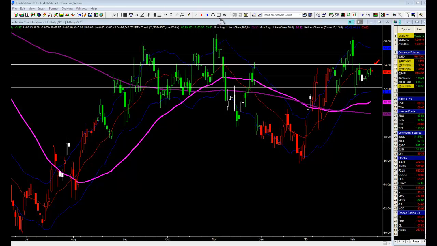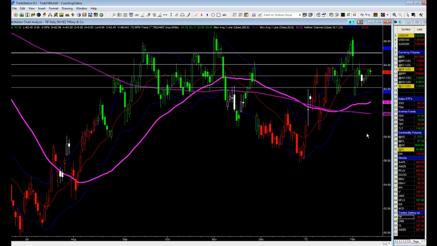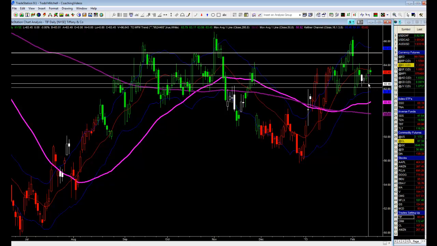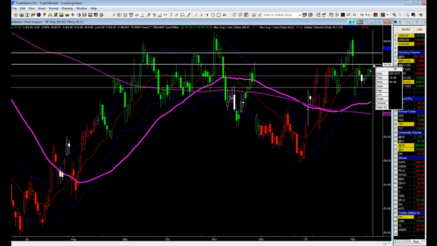Remember, it's all about trade management. I'm going to move it up to below the low of February 11th. That low is 62.67. Remember, I'm long at 63.10 as it broke up through the high of this inside pattern, looking at 64.08 as the first objective.